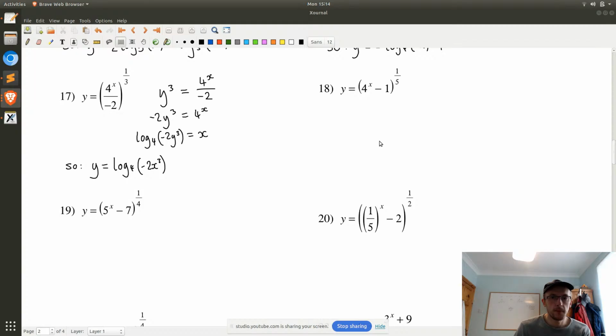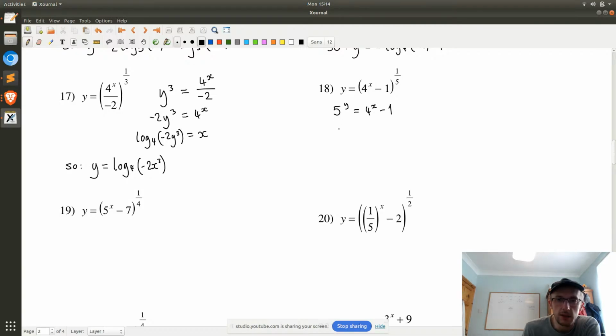Now, to invert the 18th one. And the way that I will do that is I will do 5 to the power of both sides. And then add 1 to both sides. And then take log base 4 of both sides.